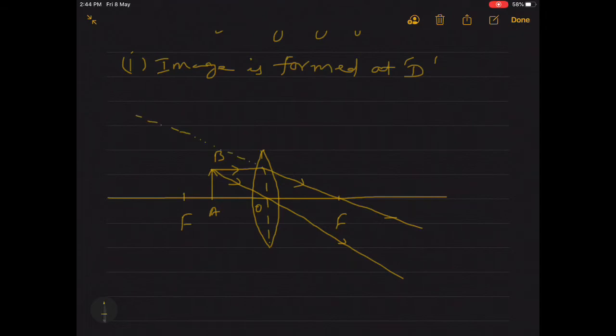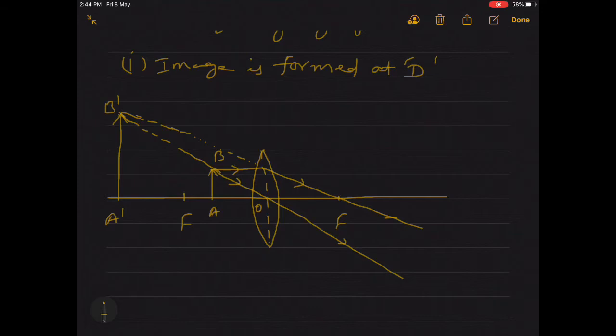If we produce them backward, then definitely they will meet at some other point. There the image is formed. So this is the location of image. A dash, B dash is image in our case.